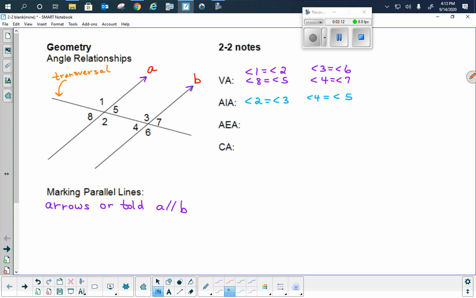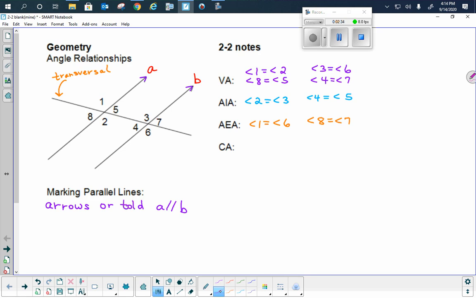Now alternate exterior. Again, there should be 2 sets. Angle 1 should equal angle 6. And angle 8 should equal angle 7. Corresponding. There should be 4 pairs for corresponding here.